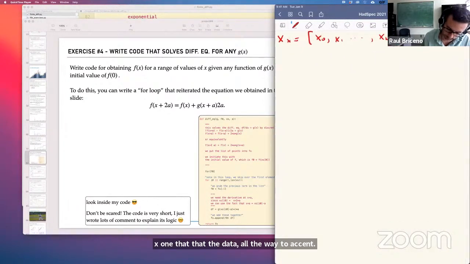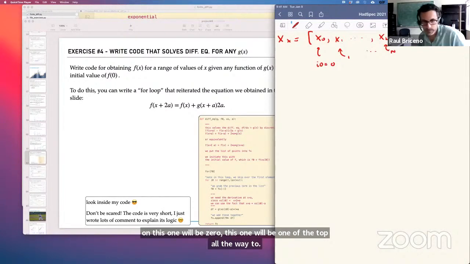And so I'm looping over indices, which I'm calling i, where this starts at 0. Basically i is just the subscript here. So this one will be 0, this one will be 1, all the way to n.